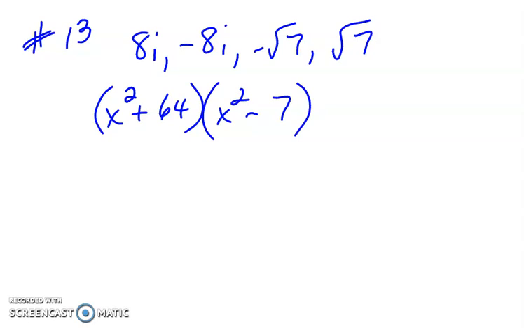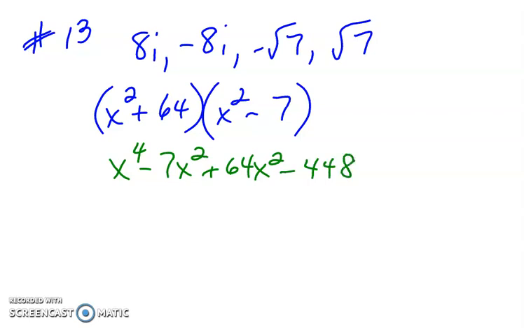And then FOIL this, and you get x to the 4th minus 7x squared plus 64x squared minus 64 times 7, which is 448. So my answer is x to the 4th plus 57x squared minus 448.